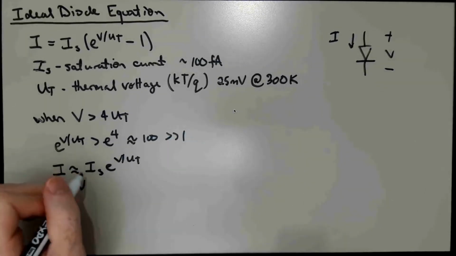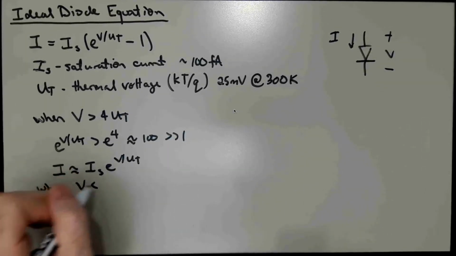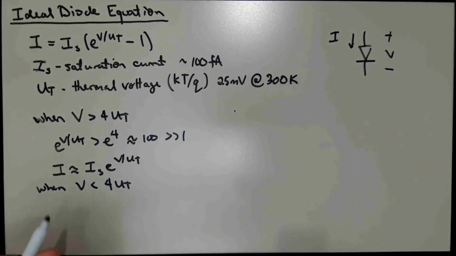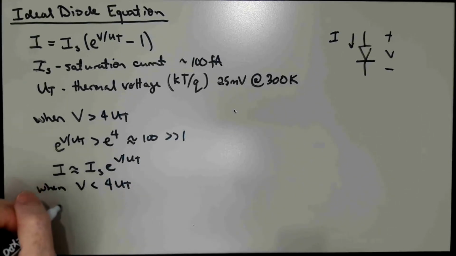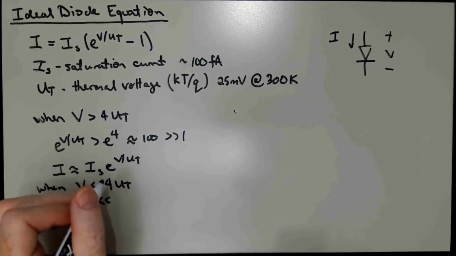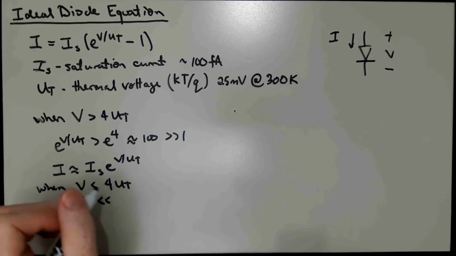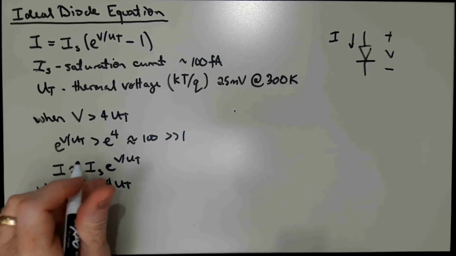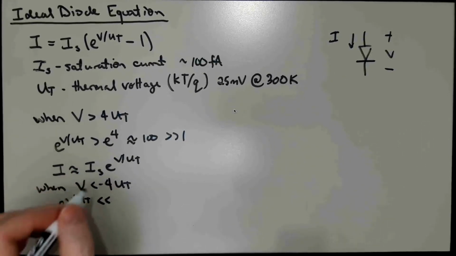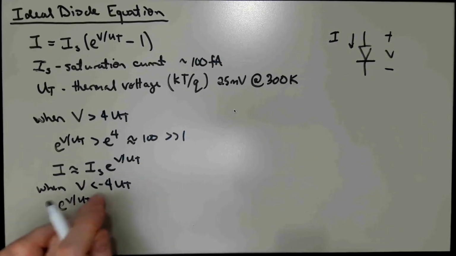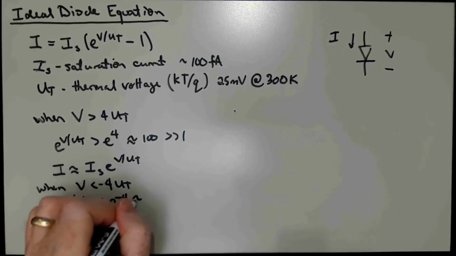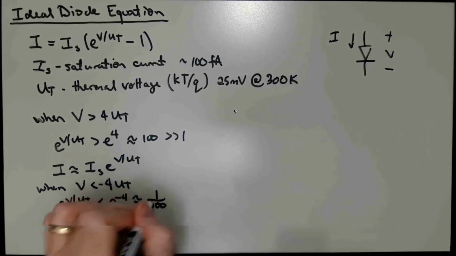When v is less than minus 4 thermal voltages, then e to the v over ut very rapidly becomes much smaller than 1. E to the v over ut is less than e to the minus 4, which is about 1 over 100, which is much less than 1.